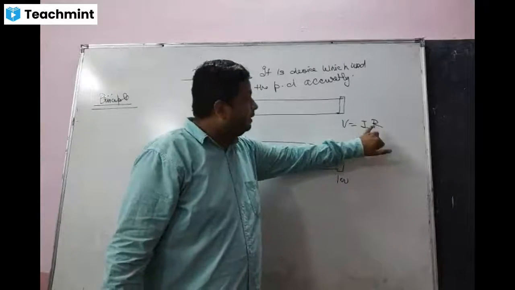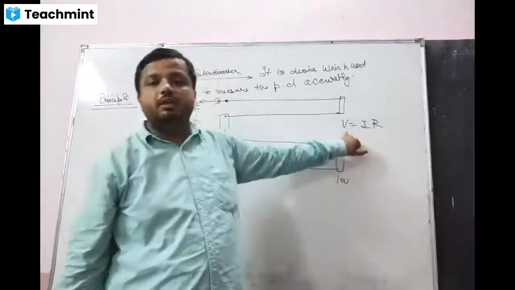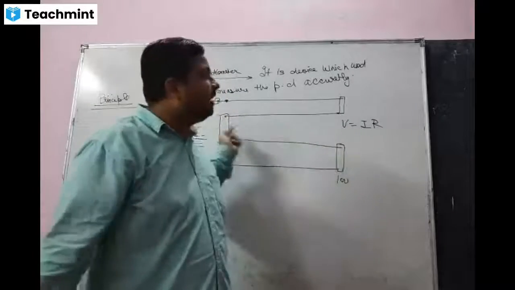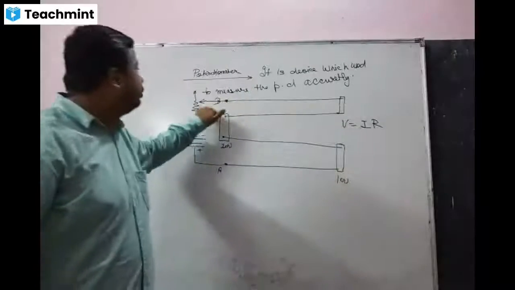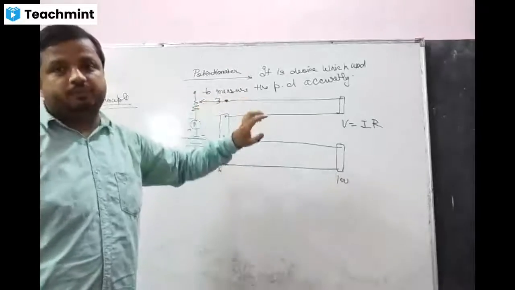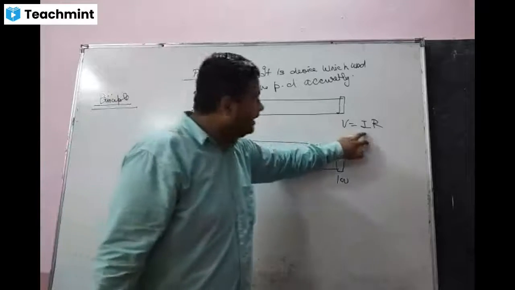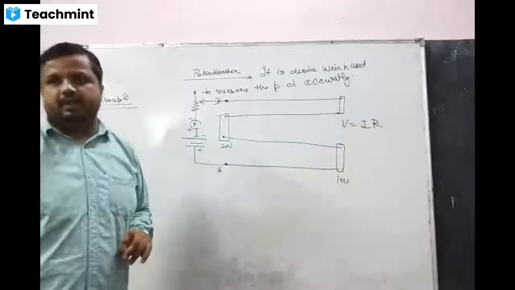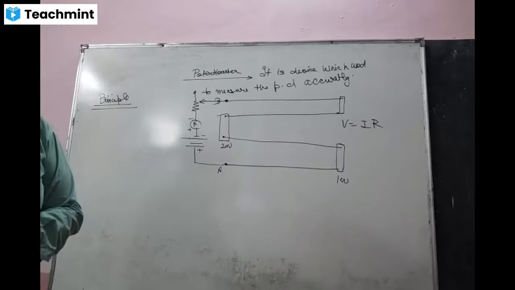A battery gives the potential V, and with a uniform cross-section wire, we keep the current constant with the help of a rheostat. Constant means fixed. Okay.